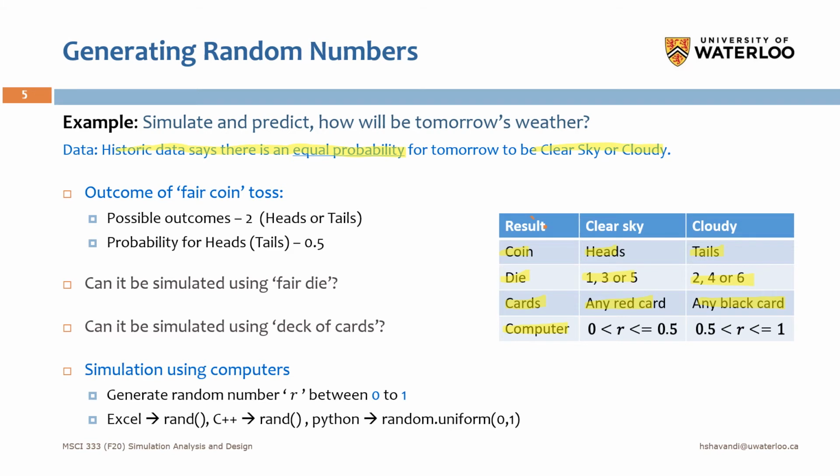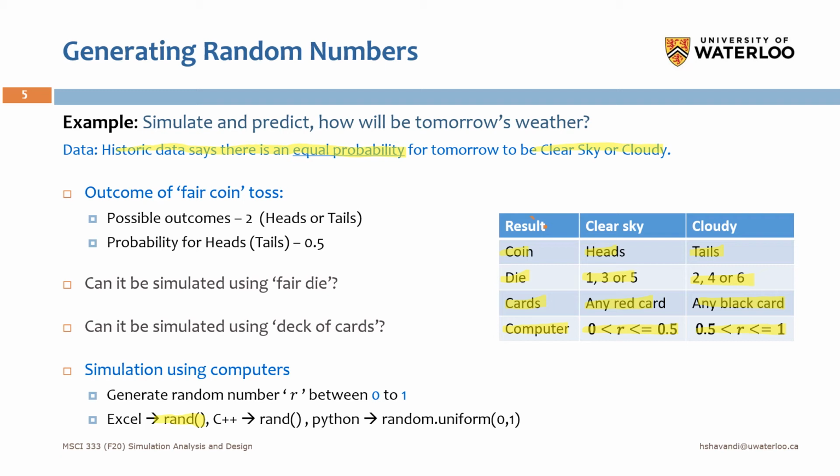In Excel, the RAND function generates a random number between 0 and 1. If this random number is between 0 and 0.5, tomorrow's weather will be clear sky. If it's greater than 0.5 but less than or equal to 1, tomorrow's weather will be cloudy. Again, both with equal chance, 50% probability. So Excel RAND is the function for generating a random number.